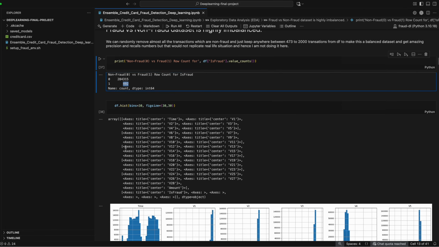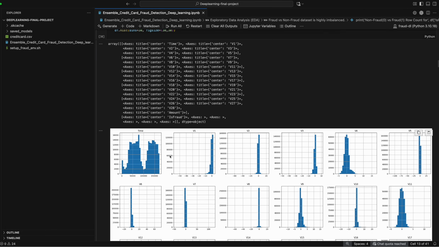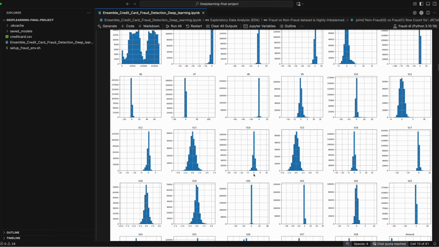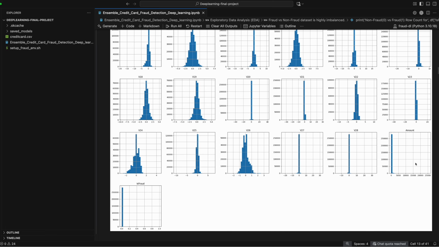But that's not true with us. These are the different feature sets we have, and most of them are normalized. The amount is not normalized, and there are a lot of outliers where some amounts are very far away, and most of them are saturated between 0 and about $1,000, where most of the frauds have happened.